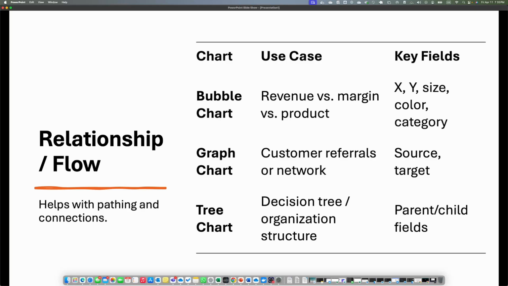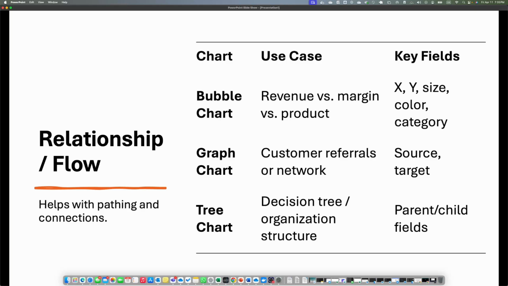Then we have graph charts. Graph charts show connections like a network graph, and the use case is customer referral or network, for example, or modeling supply chain or organization flow. You can use filters for clarity.